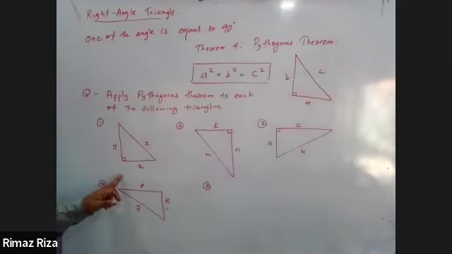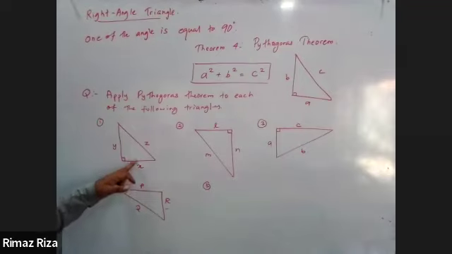Y squared plus x squared equals to, right. That's right.